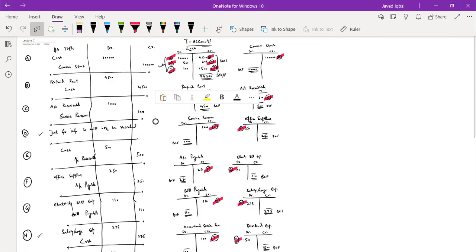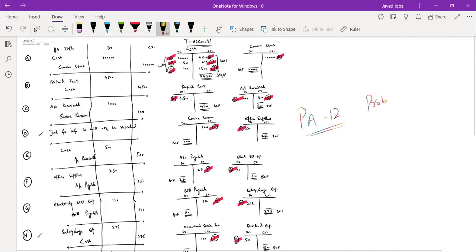I'm attaching this exercise alongside this lecture, and you are required to do PA12 problem, on these problem sets which I'm attaching for tonight's class.